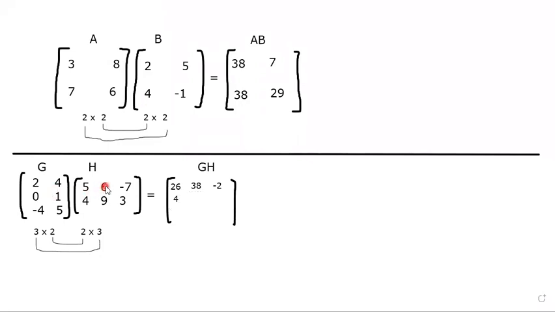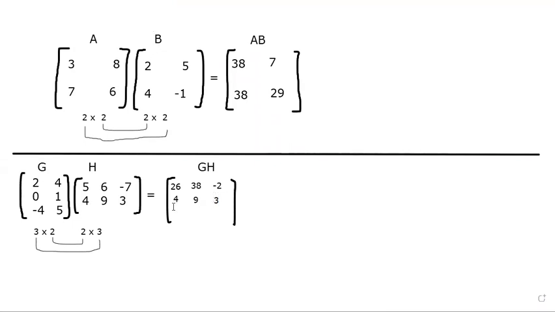Okay. 0 times 6 plus 1 times 9. 0 plus 9 gives us 9. 0 times -7 plus 1 times 3. 0 plus 3 gives us 3.